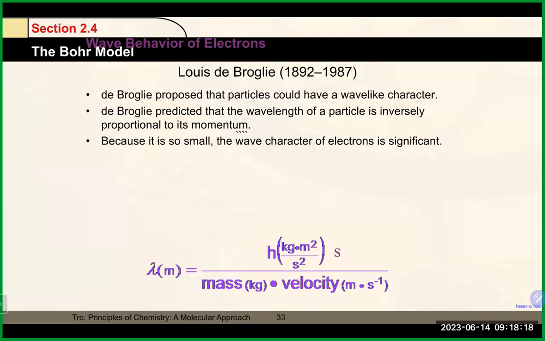He predicted that the wavelength of a particle is inversely proportional to its momentum. And because electrons are so small, their wave character is significant. It's an interesting thing: he actually didn't do any experiments. It was all theoretical. Later on, people did experiments that proved him correct. But the idea is sort of a standing wave, if you will.